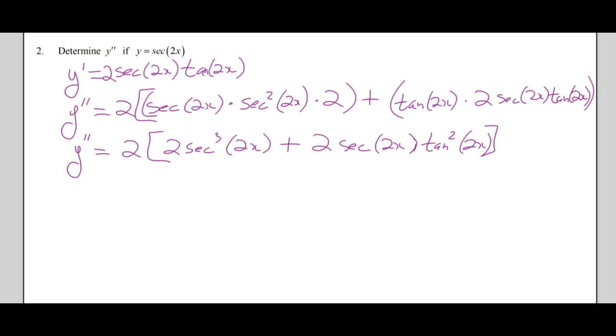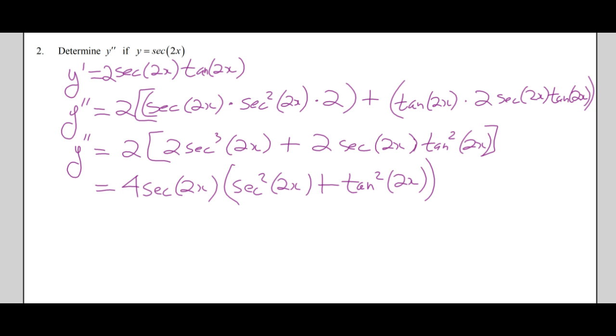So looking in the brackets, I say, hey, I can pull out a 2 secant 2x as a common factor. So if we pull out a 2 secant 2x, we got 2 here, times 2 will be 4 secant of 2x. And then here, we got the 2 out of here, so it's secant squared 2x plus tan squared 2x. Now tan squared, somewhere on your formula sheet, what's tan squared equal to?